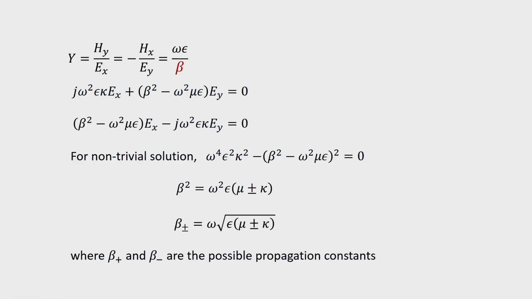So, we see that in the same media we now have two propagation constants, and this beta plus and beta minus will give rise to wave propagation with different velocities.